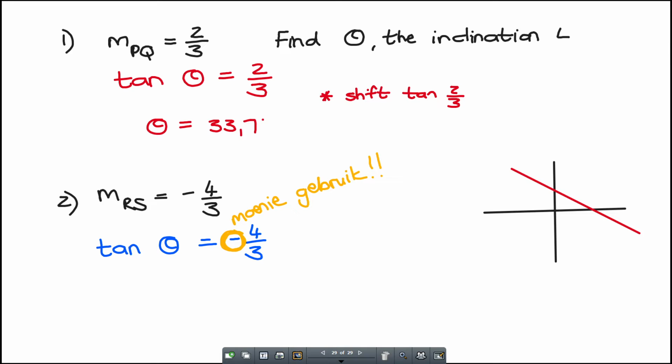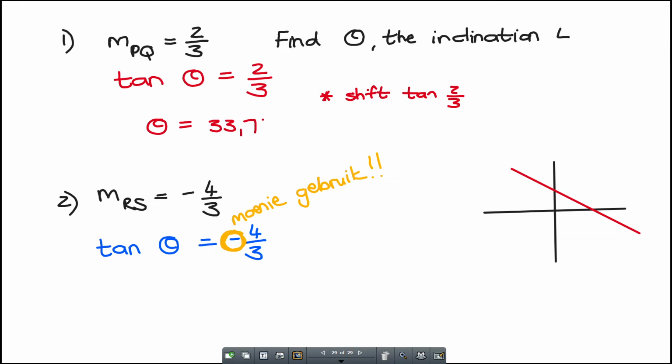Wat gee jy dan vir jou? Negative 53. Can we get a negative angle? Can you get an angle that's smaller than 0? Kan jy so 'n hoekie kry? Nee, jy kan nie so 'n hoekie kry nie. So dis onmoontlik, nee? So dit gaan dadelik ook vir jou sê, jy het nou gou iets verkeerd getik.